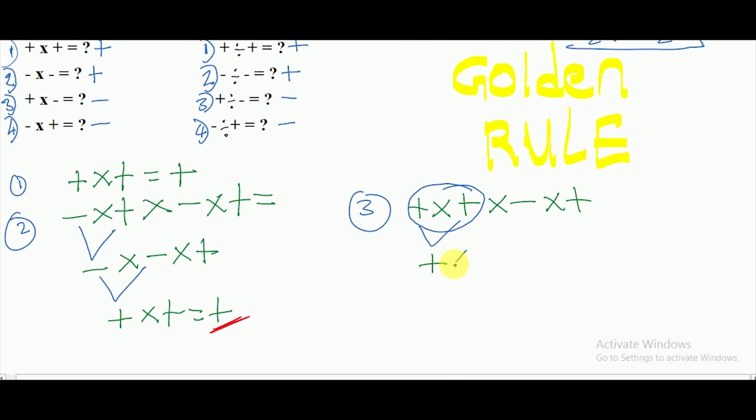Positive times negative sign. Two different signs multiplying themselves give what? Please remember the rule. It will surely give us a negative sign.